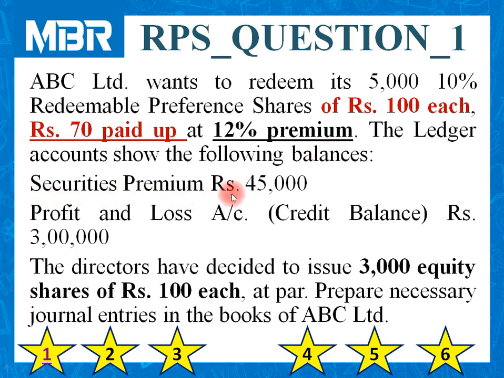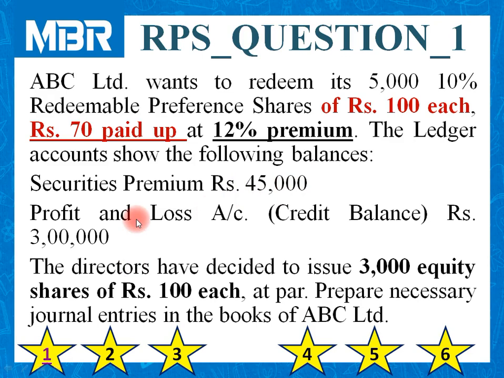Our total requirement is 5 lakhs, of which we have collected 3 lakhs rupees through new issue. It means it is compulsory for the company to contribute rupees 2 lakhs from divisible profit to capital redemption reserve, that is CRR account.